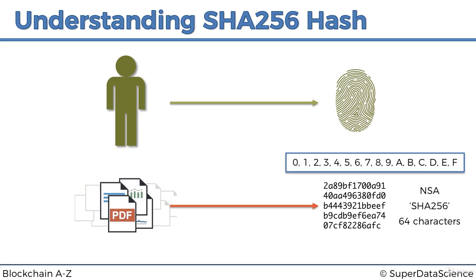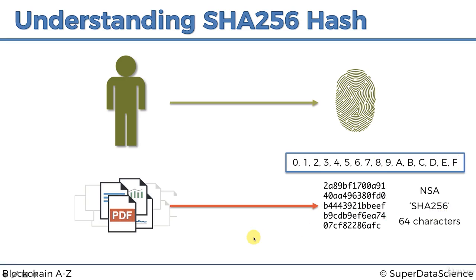It has numbers from 0 to 9 and the letters A, B, C, D, E, F. So there's a total of 16 of them there. So that means each character in the resulting hash takes up 4 bits, because 2 to the power of 4 is 16, and 4 times 64 is 256. That's how these numbers are all linked up together. 64 times 4, which is the size of basically any one of these, is 256.